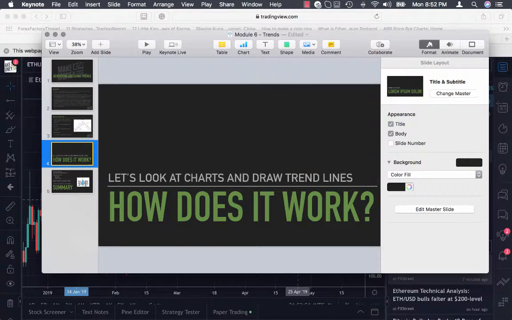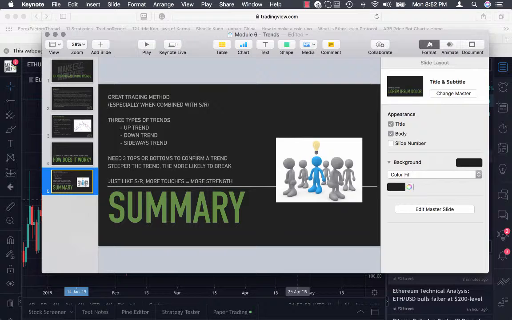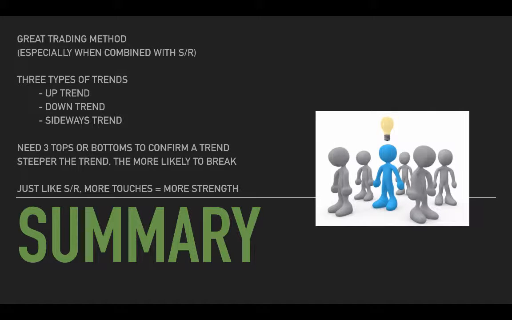Let me pop over here, see what we need to summarize for you. Just to summarize, trend lines, when combined with other basic tools like support and resistance, can be very powerful in helping us make good decisions around what and how we would like to trade. There are three types of trends: the uptrend, the downtrend, and also a sideways trend.